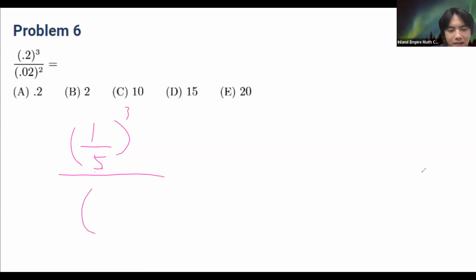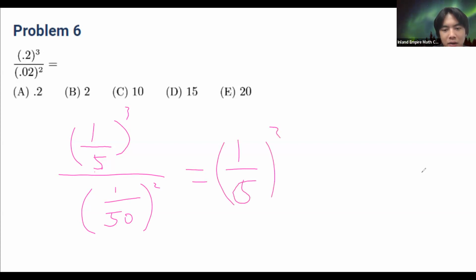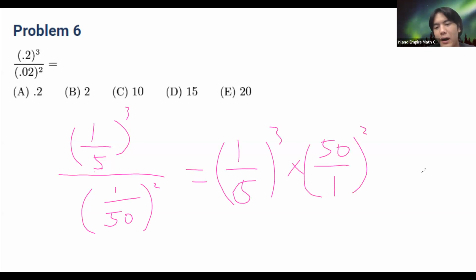It's 1/50th. So now if you do a little fraction manipulation, you raise this to the third power, and then you multiply by the reciprocal, right? Because when you divide by a fraction, what you're really doing is multiplying by the reciprocal.